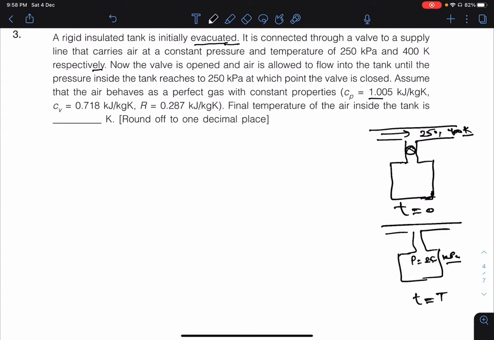So here we have to write the steady flow energy equation.